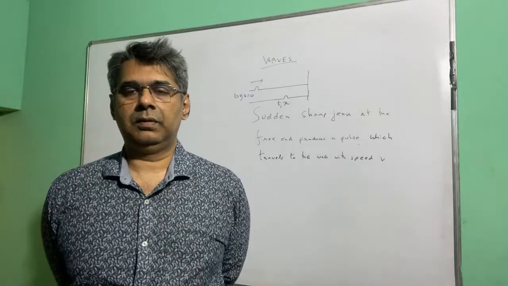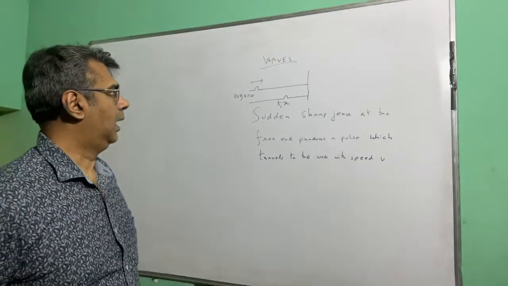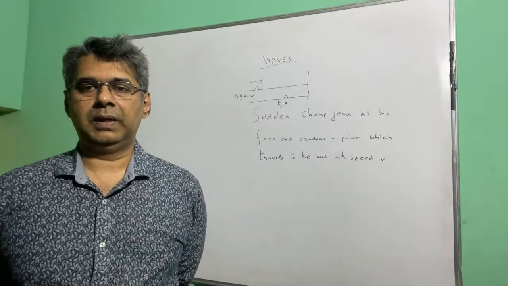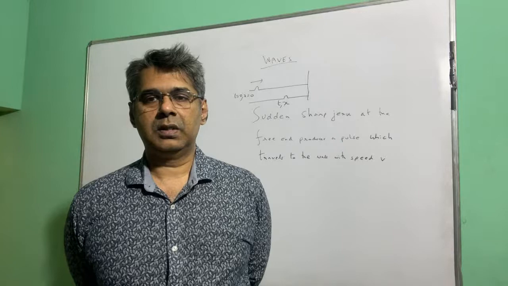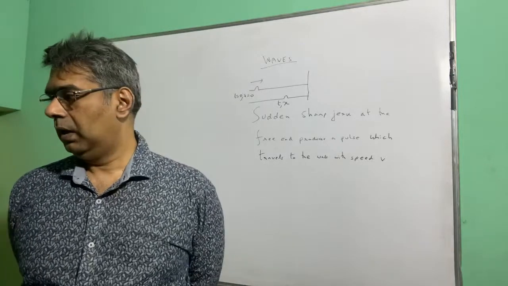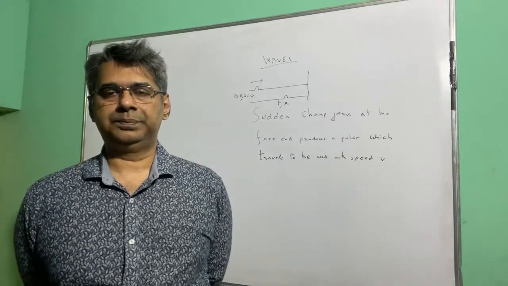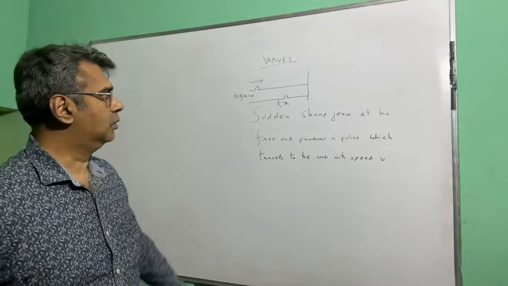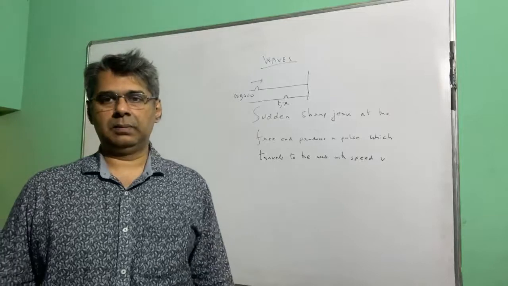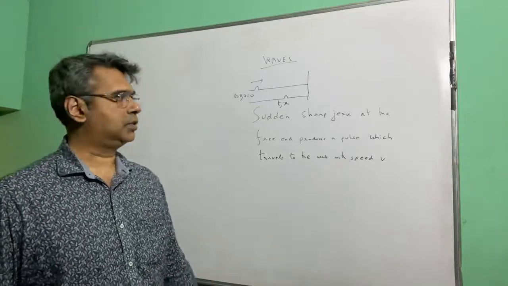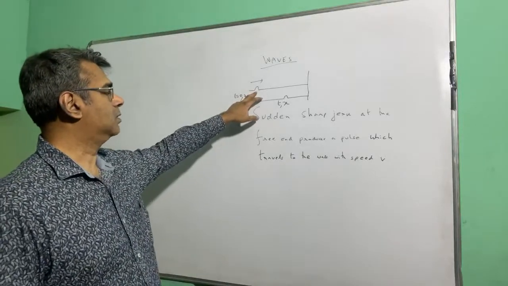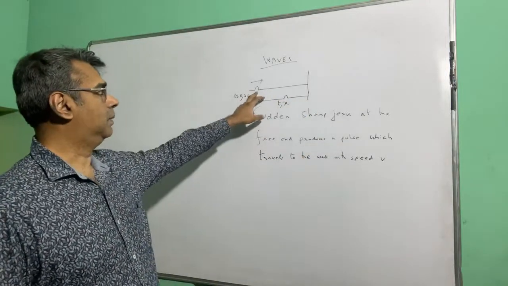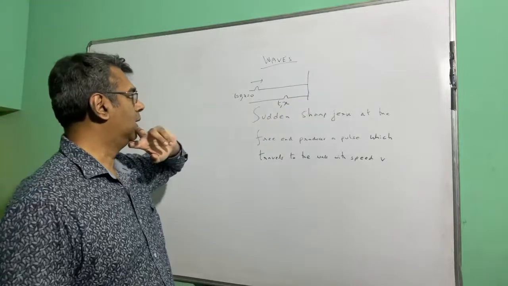A pulse is basically symbolic of energy that has been imparted to the string, because the string was absolutely flat, and then this person gave a sudden sharp jerk, and that is why you had a pulse. Then the pulse will travel towards the wall.